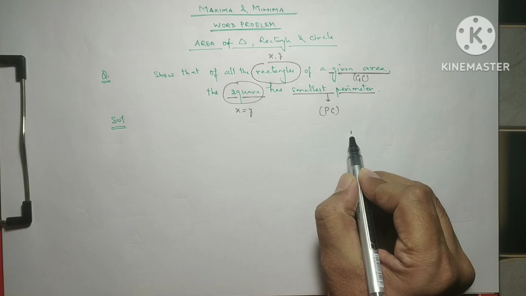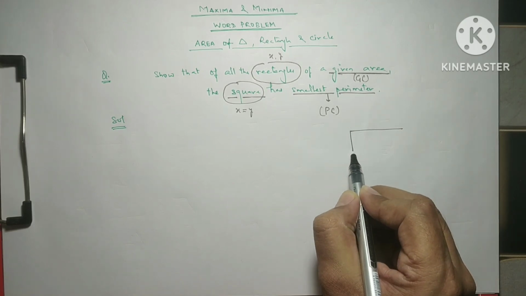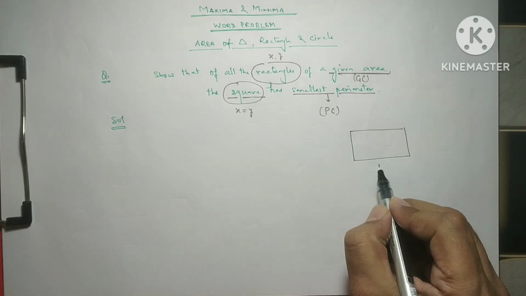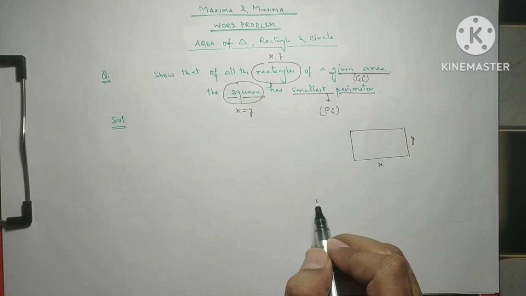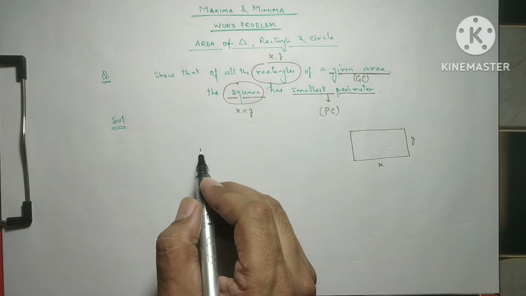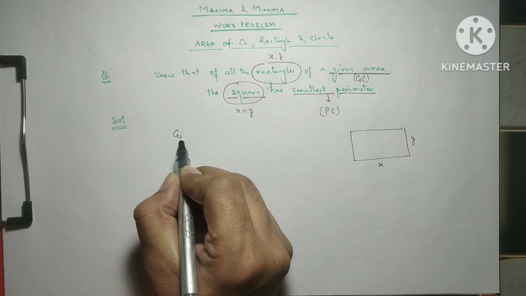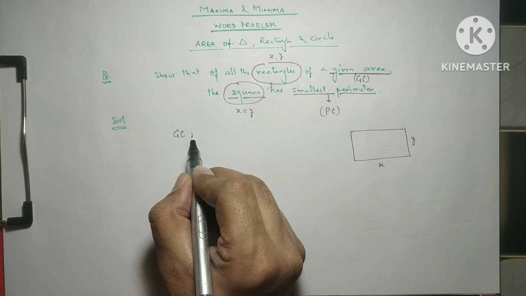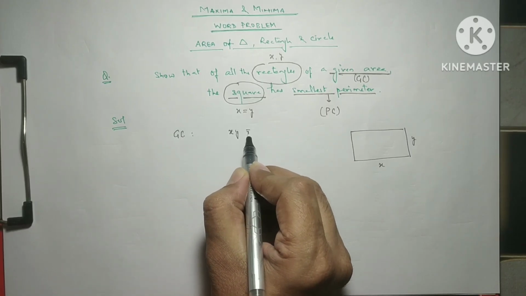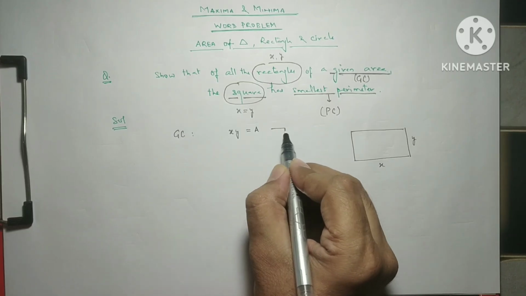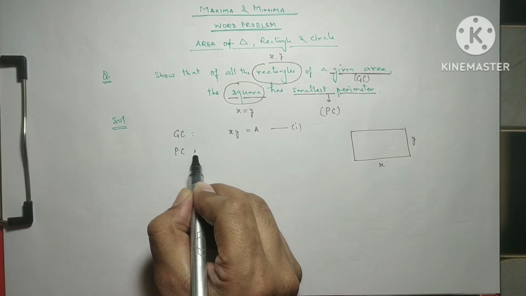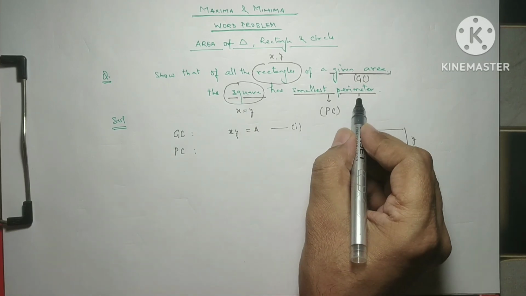We have a rectangle whose dimensions are x and y, and its area is given. So the given condition is area: x into y equals a. This is your first condition. And the proving condition is the perimeter.